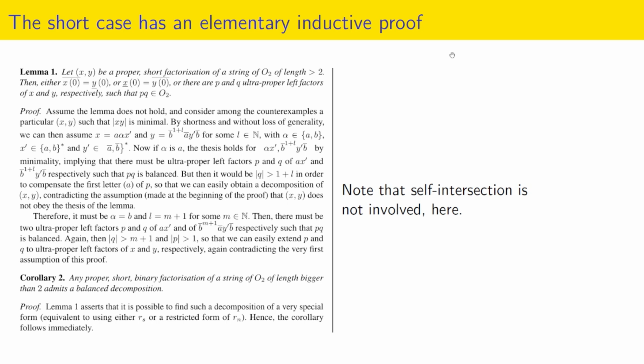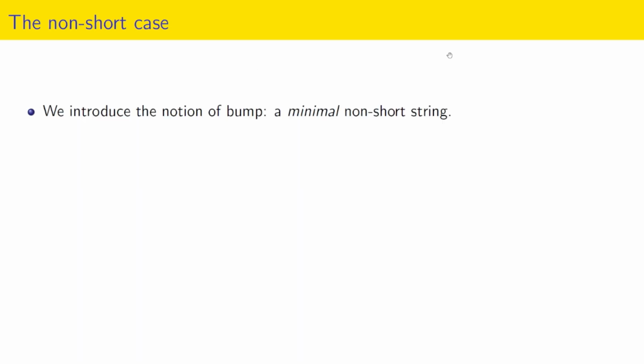Of course, now we have the short case, which we will use as a base case. So we have the short assumption here, which is key to the easy proof. And now, basically, we need to reduce to this case. So how to do that? For the non-short case, we introduce the notion of a bump, which has a very simple definition.